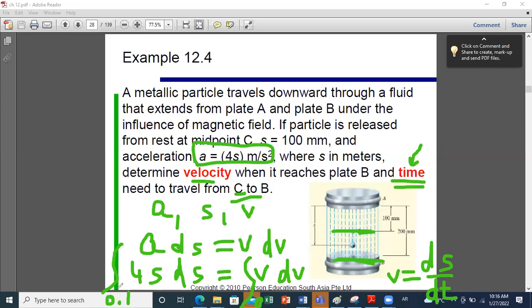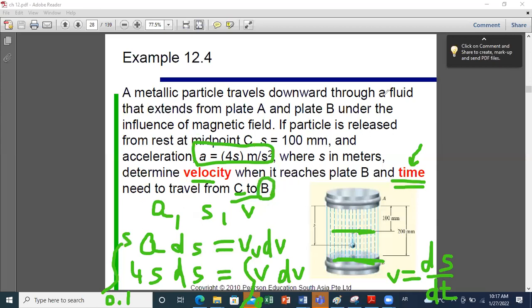So I will integrate from position C to any other position, so integral from 0.1 to any s, and here I will integrate from 0 to any v, v corresponding, of course, to this position. This will allow me to get a general relation between velocity and s. And once I find this relation, I can replace sB by 0.2 to get velocity at B.